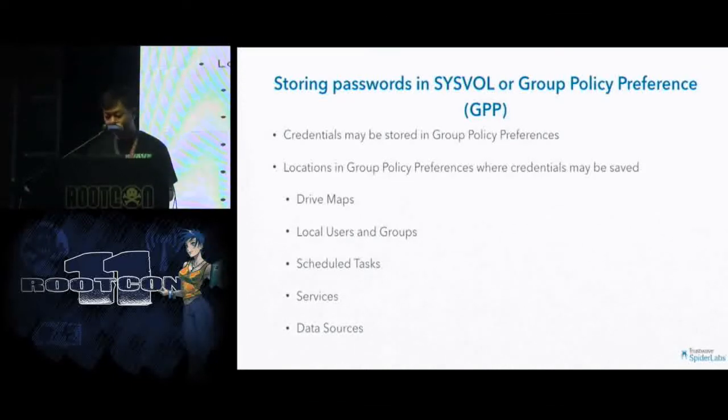SYSVOL may contain credentials stored in Group Policy Preferences items. Locations where password credentials might be stored in the group policy include drive maps, local users and groups, scheduled tasks, services, as well as data sources.